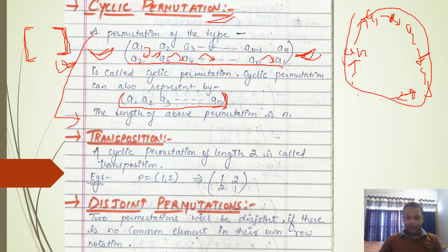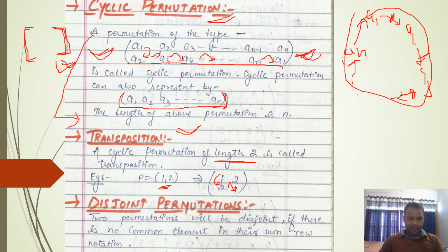If the length of the permutation is 2, then it is known as a transposition. A cyclic permutation of length 2 is called a transposition. For example, looking here at (1 2): 1 is attached with 2, while 2 is attached with 1.